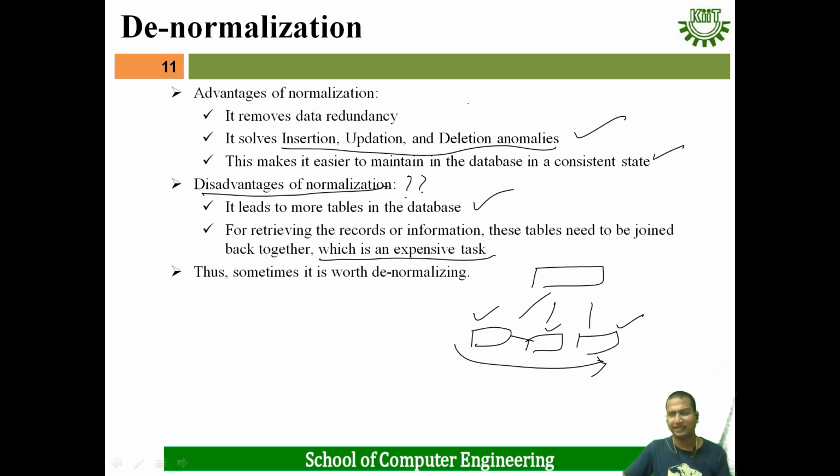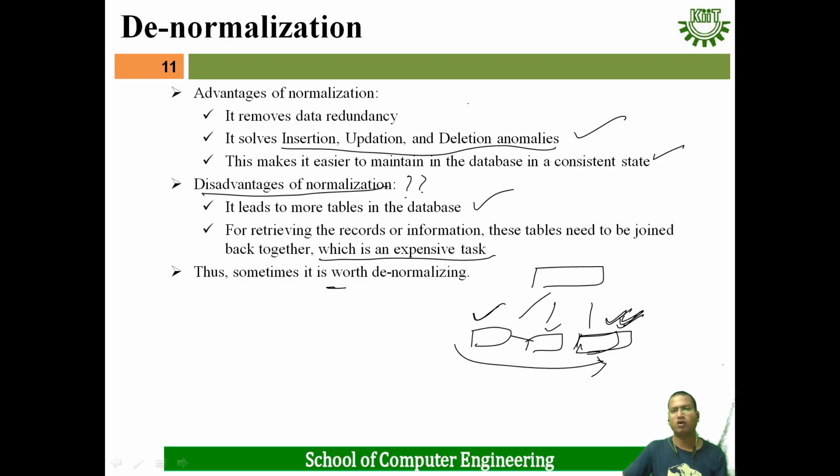Suppose I want to get some information, then it will take a longer period of time. That means to get that information back to you, in the background we have to do some join operation among the tables. Then it will be cost effective. It is a costly thing. That is the main disadvantage of normalization.